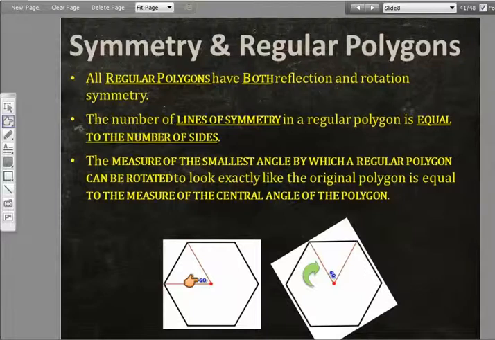So there it is, 60 degrees. So I rotated my angle clockwise. That's what the little arrow means. I rotated it clockwise, and that's exactly the degree of rotation.